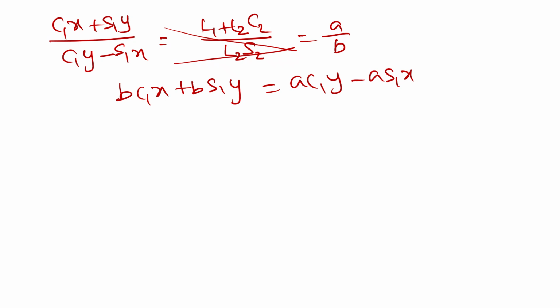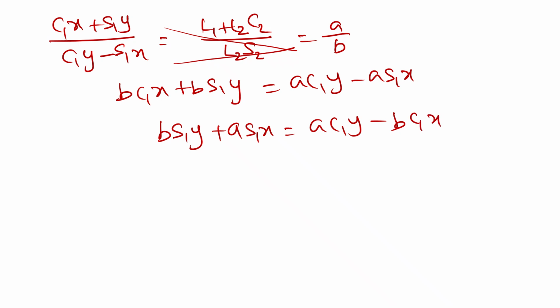In this, I'm going to collect S1 on one side. So B S1Y, bring that S1, plus A S1X. Here A C1Y, and bring this term here, B C1X. Take S1 outside because I need to have theta 1. So you will have By plus Ax.